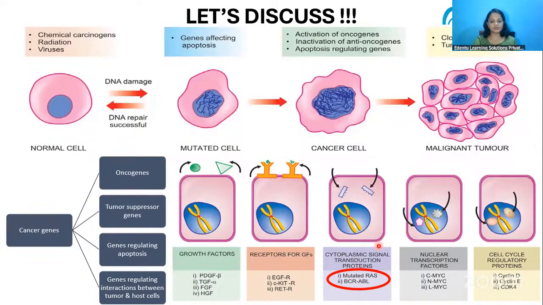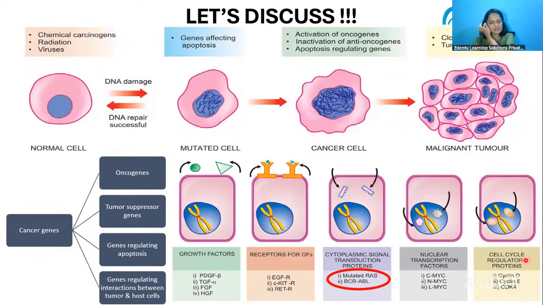Next is the cytoplasmic signal transduction proteins, which include the RAS gene. This is very important because it includes the RAS gene and the BCR-ABL fusion gene. Then the nuclear transcription factors, which include c-MYC, n-MYC, and l-MYC, and the cell cycle regulatory proteins.